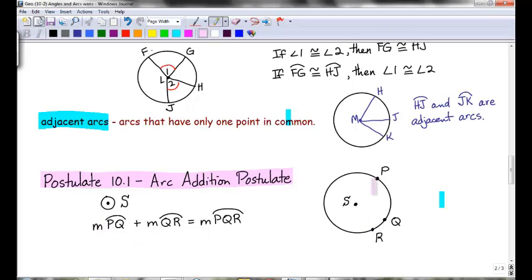The measure of arc PQ plus the measure of arc QR equals the measure of the whole arc PQR. Instead of angle addition, which we had earlier, this is arc addition.